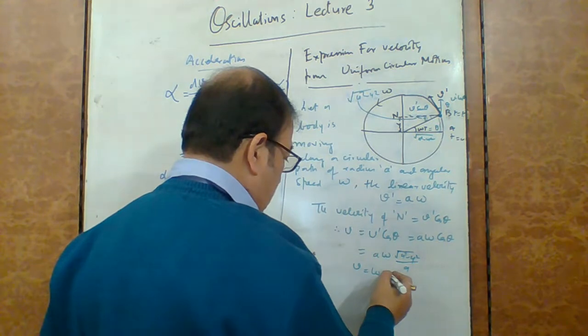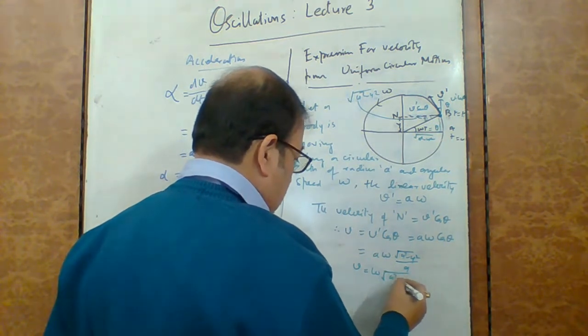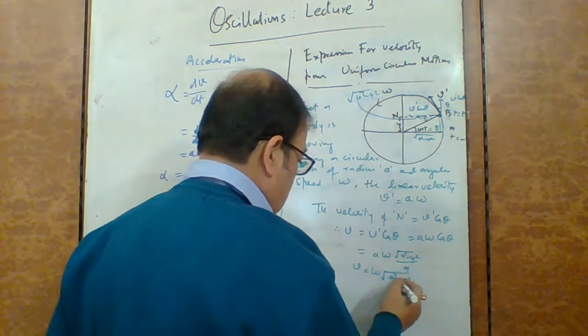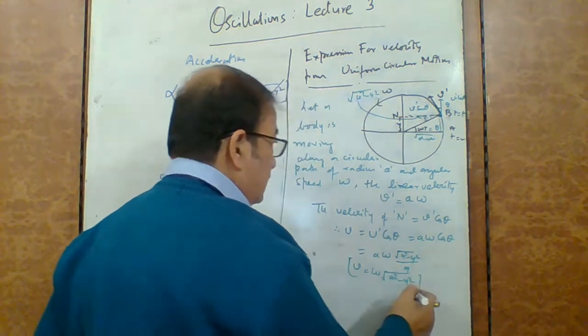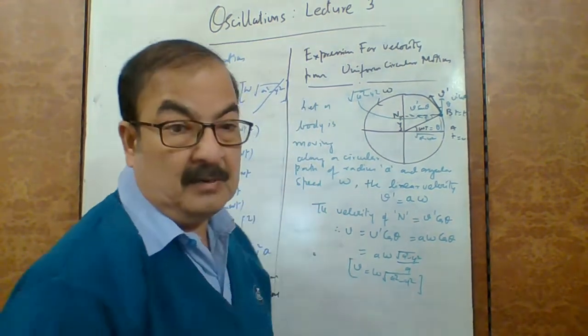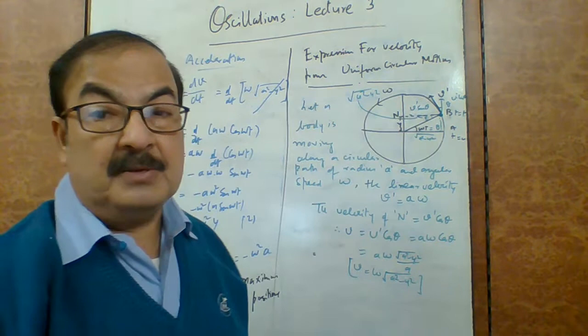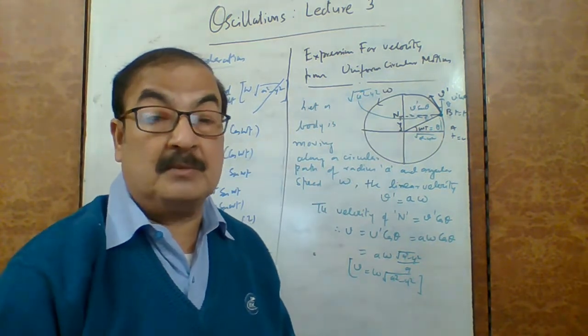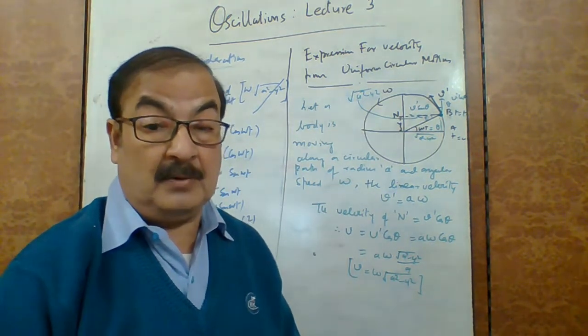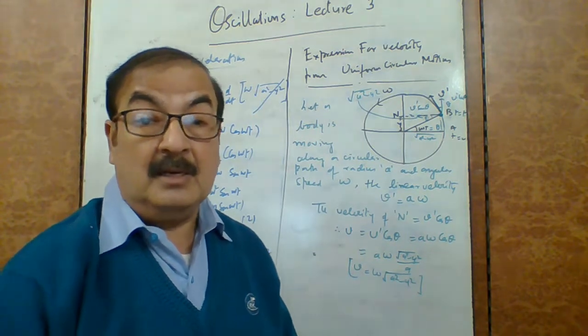We get v equals omega into under root a square minus y square. So you have seen this is the same formula which you determined by means of differentiation. I said the differentiation formula is mathematical.